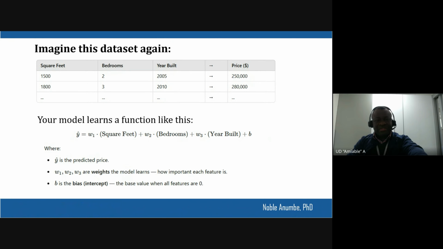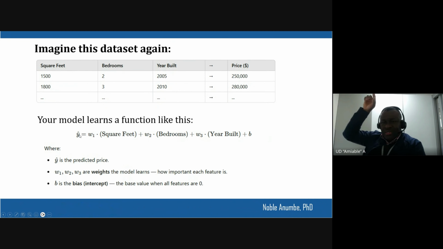You see what's happening here? Because we have square feet here, we have bedroom here, and we have year built, and we're looking for price. Our price here is literally your y, let me just use y hat. I can't remember what you call it again.